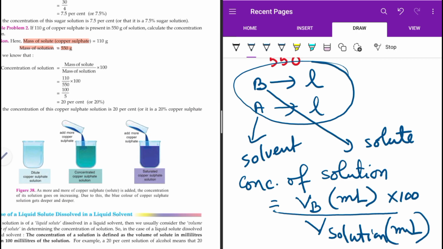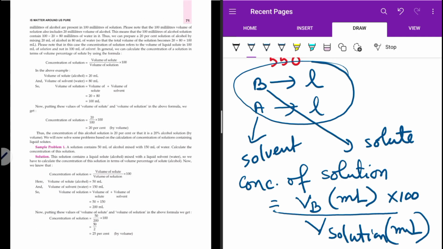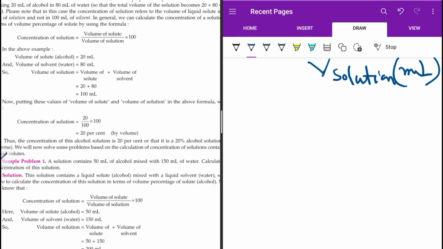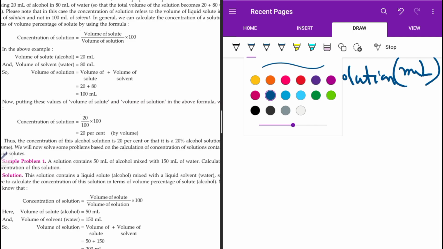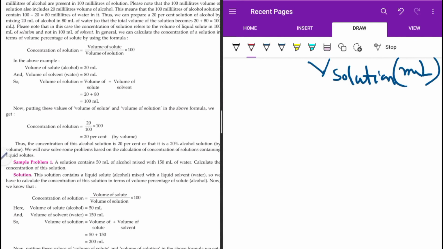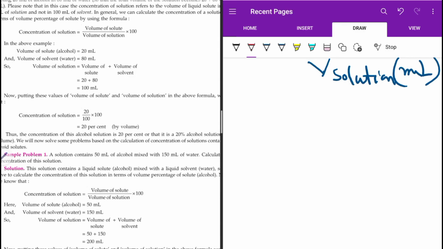So if you have to express it in percentage, we are going to do it in this manner. So let us see the application of this question. Here it is saying that a solution contains 50 ml of alcohol mixed in 150 ml of water.